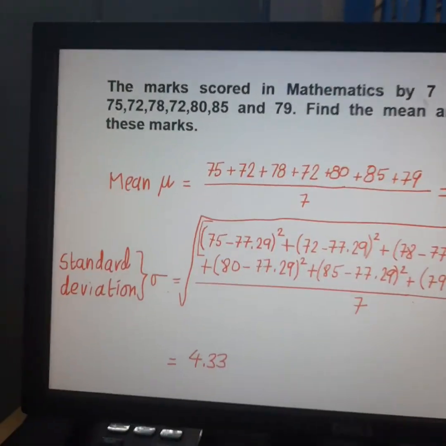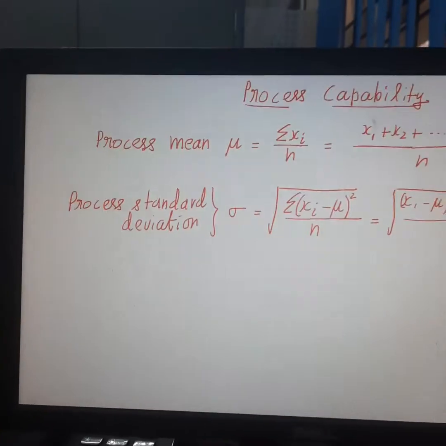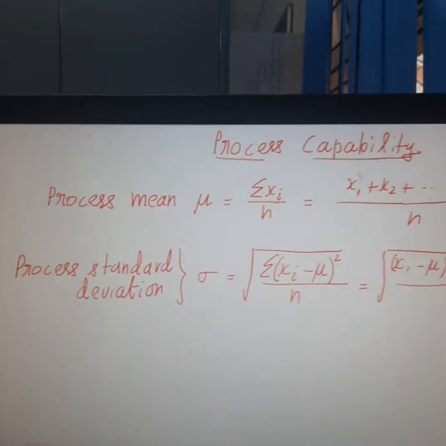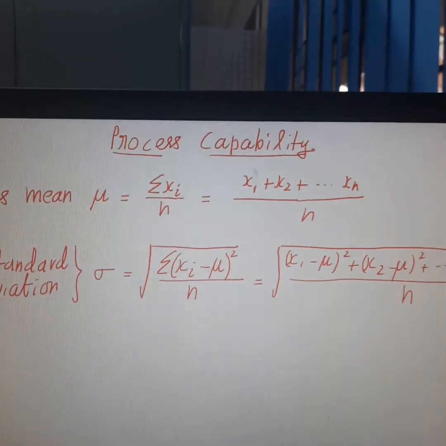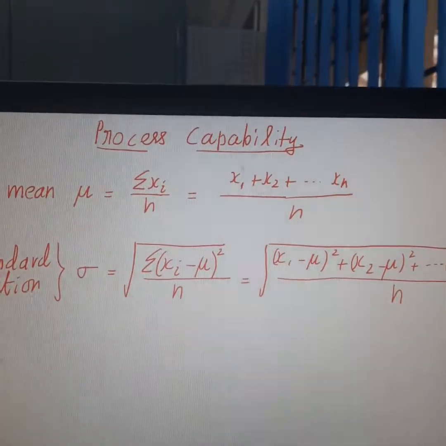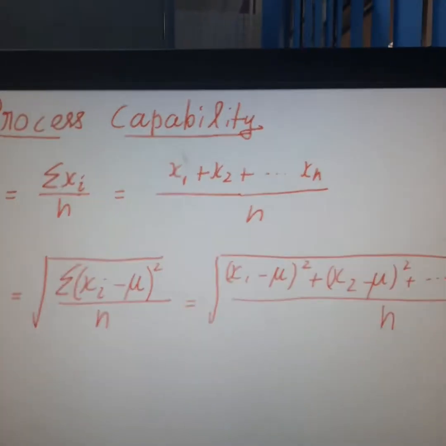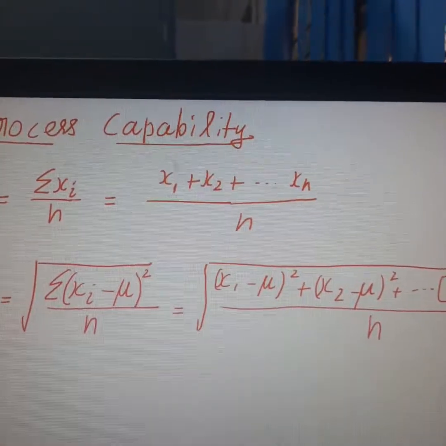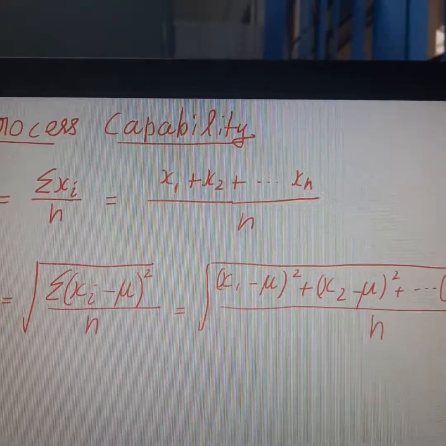For finding the mean and standard deviation, we are using this formula. Process mean mu is given by sigma xi by n, which is equal to x1 plus x2 plus x3 plus xn by n.